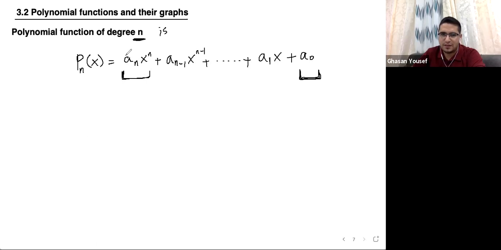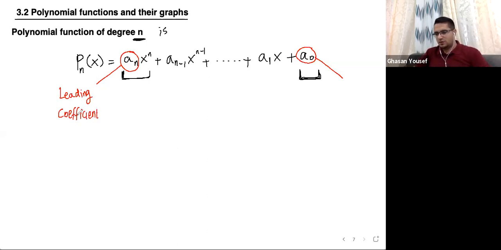This is the leading term, and this, only a n, is the leading coefficient. And this a0 is called the constant coefficient.